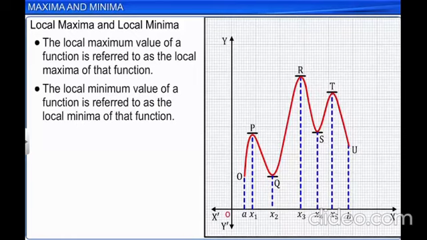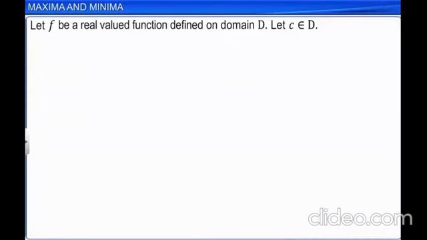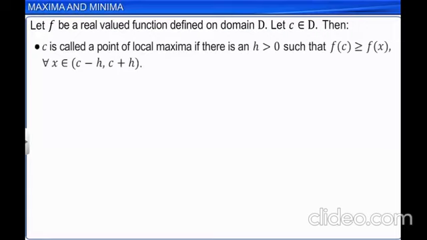Let us now define local maxima and local minima mathematically. Let f be a real valued function and let c be any point in the domain D of f. Then, c is called a point of local maxima if there is an h greater than 0, such that f(c) is greater than or equal to f(x) for all x in the open interval (c - h, c + h).